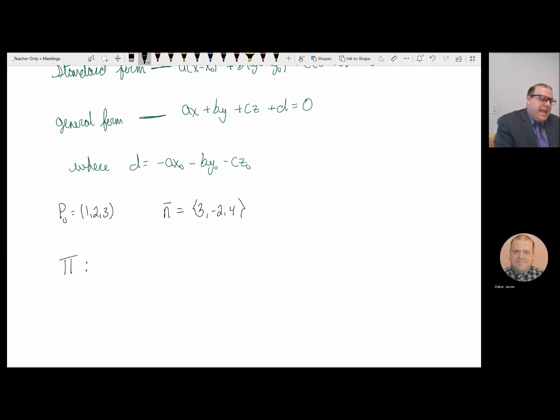So our plane pi has equation 3x minus 2y plus 4z, and now it's the d that's going to change.